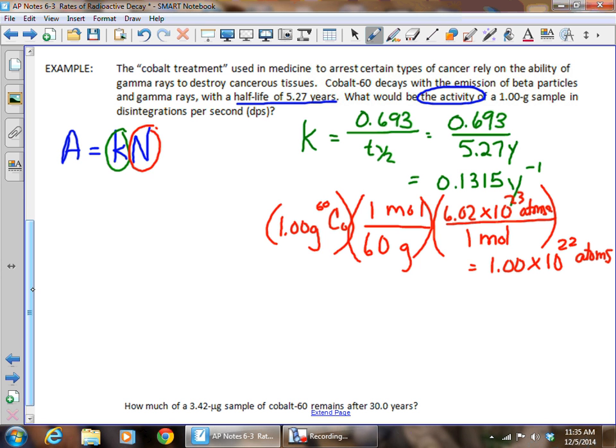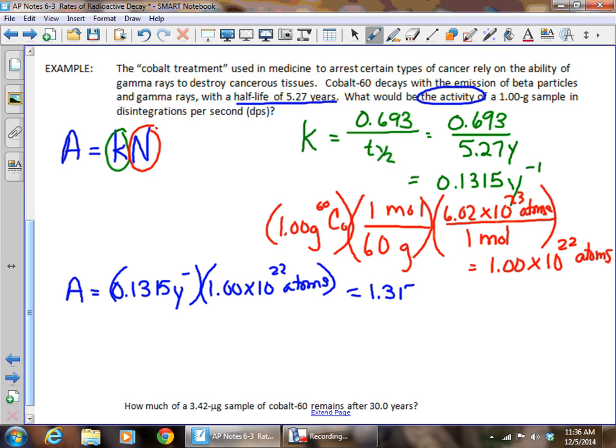So we now have the values we need to plug into the equation. Let's go back and do that. We said that A was equal to kN, so A is equal to the K value, 0.1315 reciprocal years, times N, 1.00 times 10 to the 22nd atoms, which is going to give us a value when we calculate it of 1.315 times 10 to the 21st atoms per year.